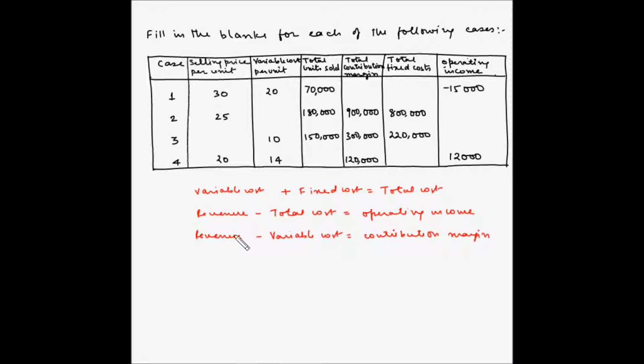So with this knowledge of the relationships and the information given to us, let's try to find out the information which is missing. So let's first take case number 1. The selling price per unit is $30. So this person is selling each unit at $30.